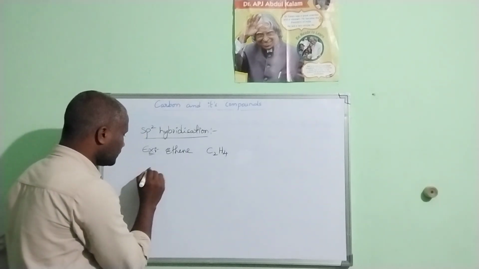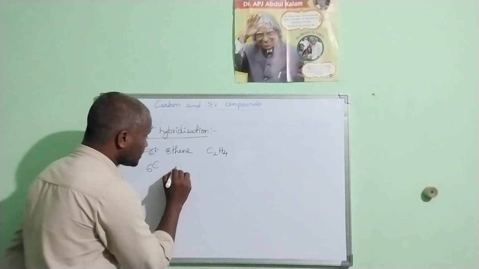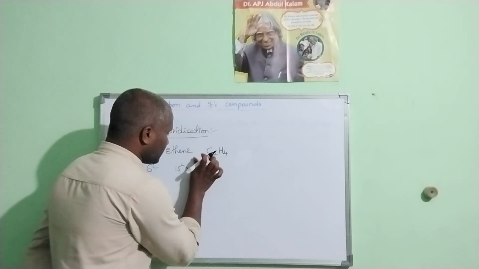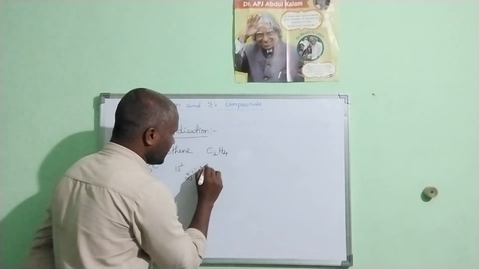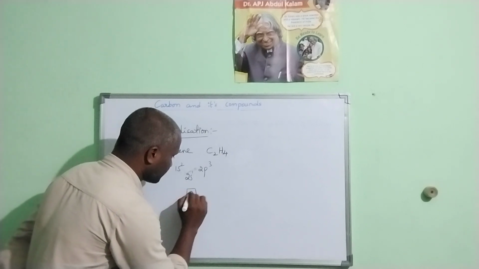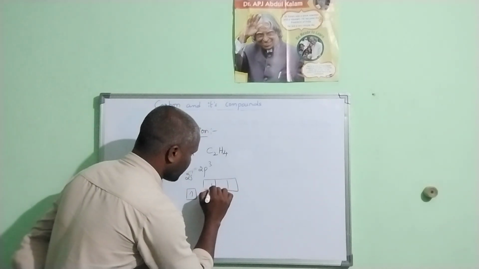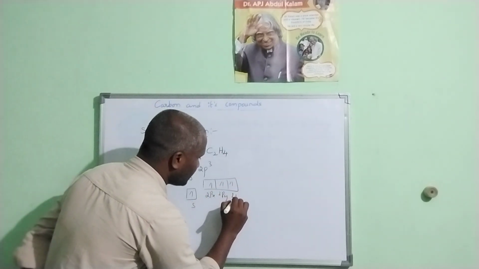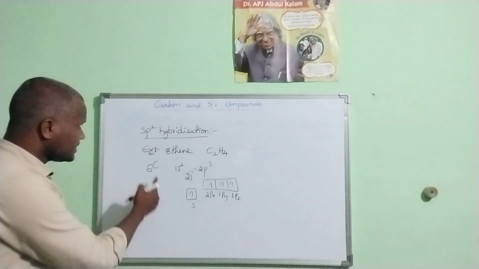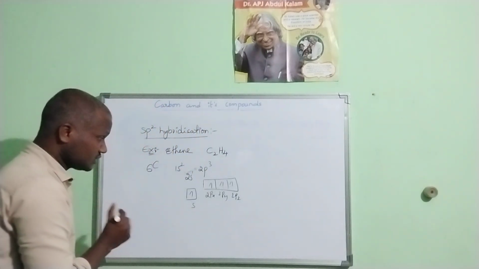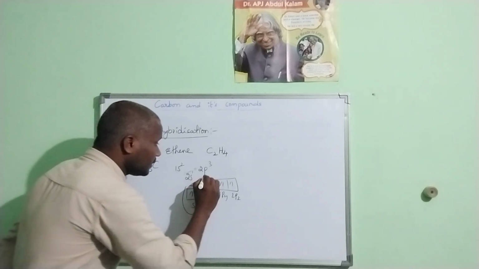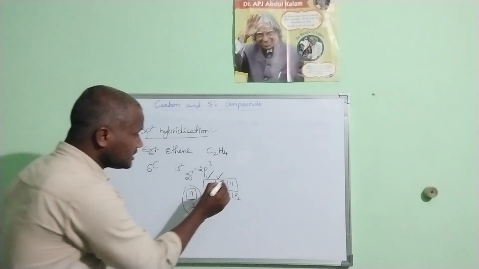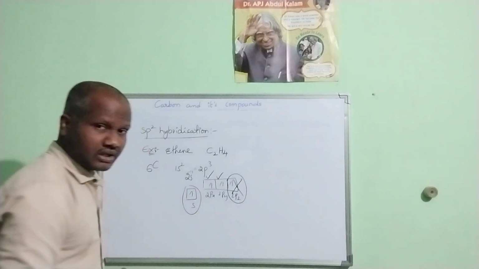Here we already know the carbon electronic configuration 1s2, and the excited state electronic configuration 2s1, 2p3. This is s, 2px, 2py, 2pz. Here it is involved in sp2 hybridization, so only one s orbital and 2 p orbitals are involved in the hybridization process, and 2pz cannot be involved in hybridization.